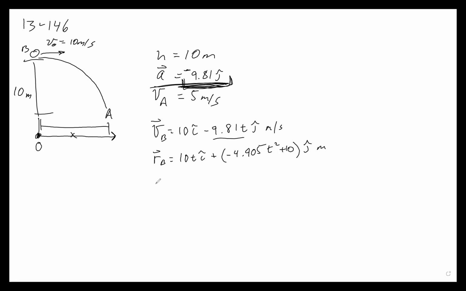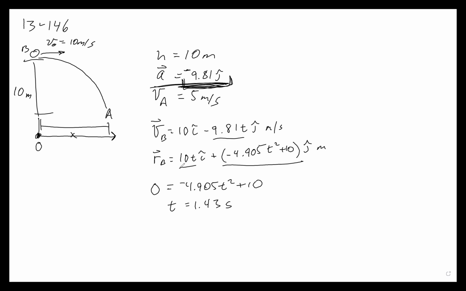Well, we say 0 equal to only this term, negative 4.905 t squared plus 10, and we solve for t. So t is going to equal 1.43 seconds. Okay. And now we have to find out where in the x the ball is at that time.